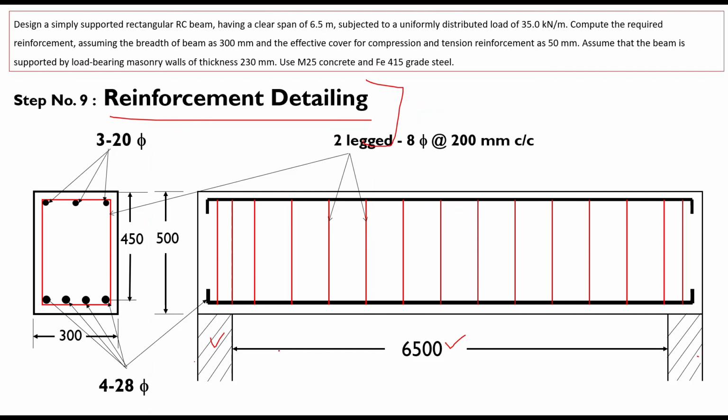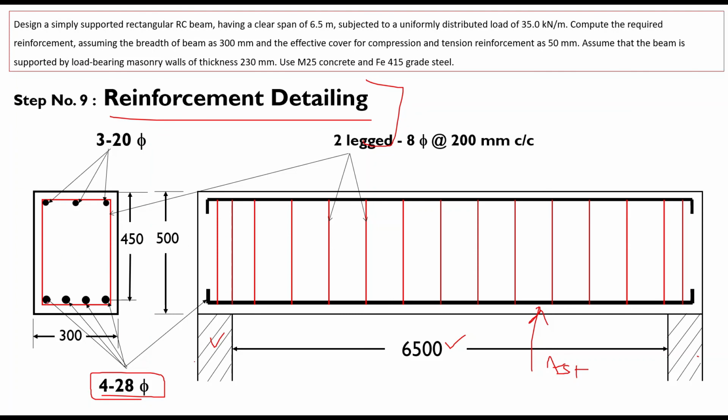That means now you can see here, first of all we have provided steel at the bottom. We have termed it as AST, area of total steel which we have provided. So we have provided 4 number of 28 mm dia bars, and you can see the section here. 4 number of bars we have provided.